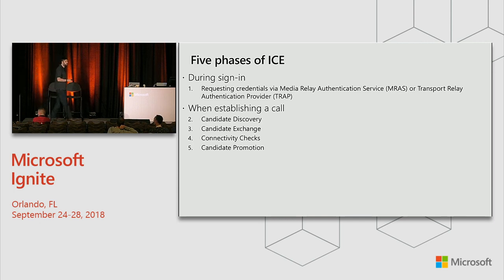Then when establishing the call, and this happens for each and every single call, we will do a candidate discovery and exchange. We'll do connectivity checks, and we'll do a candidate promotion based on the most likely candidate that we should be using. So once we do the credential exchange, then for every call, it's discovery, exchange, connectivity, and promotion.